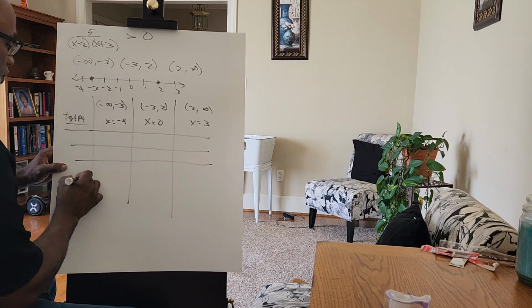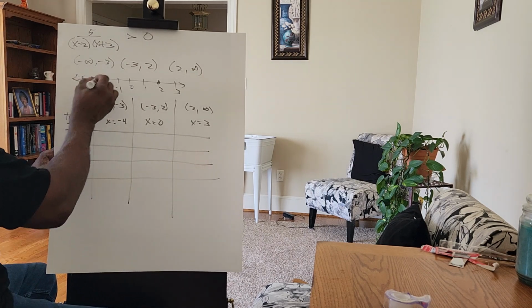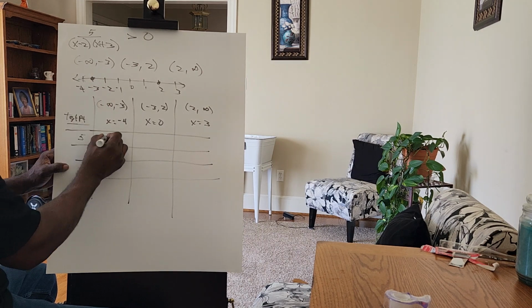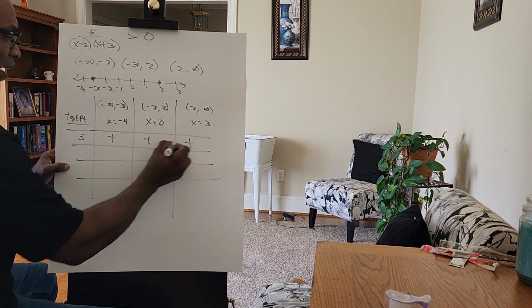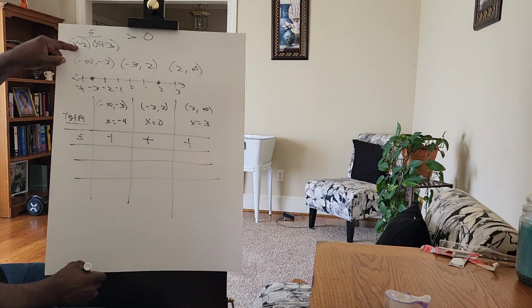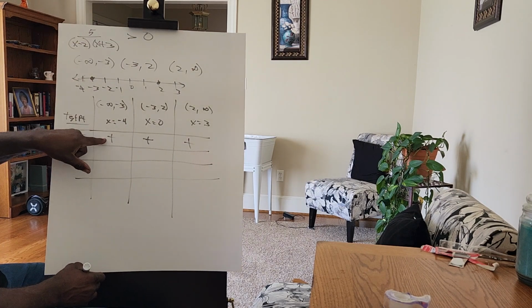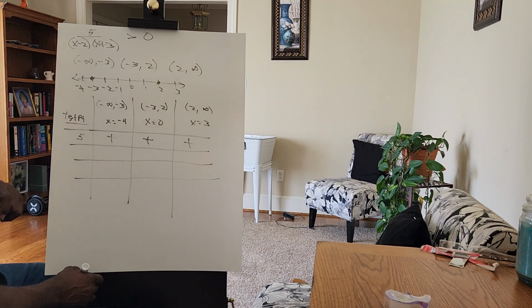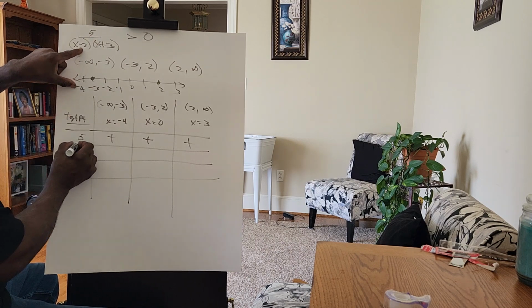I had a 5, and 5 is positive. 5 won't change, since I've got 5 over this stuff. It stays positive in any interval. The other factor I've got is x minus 2.